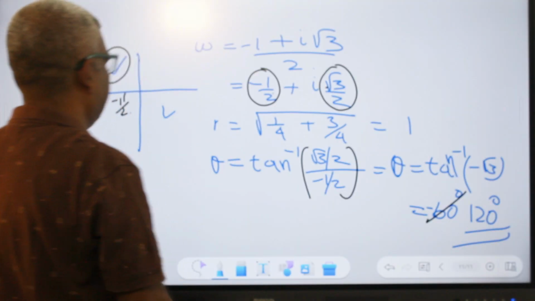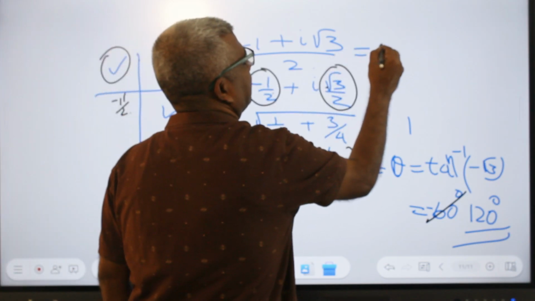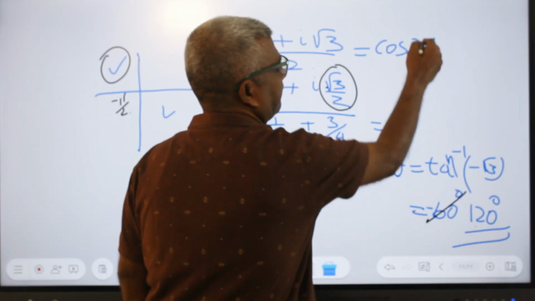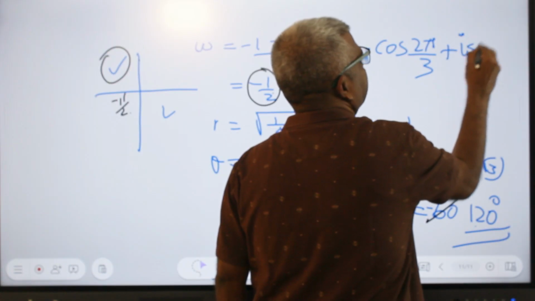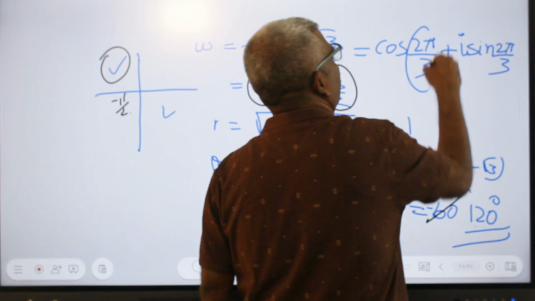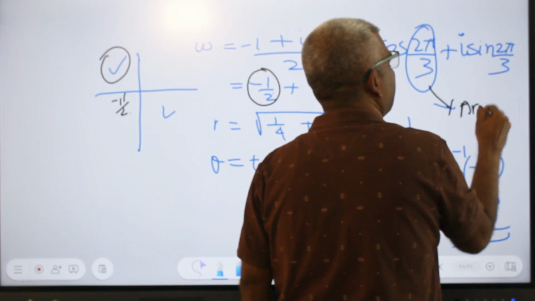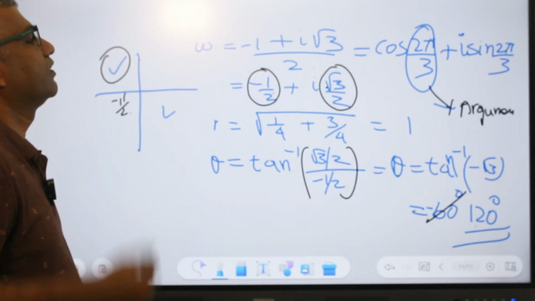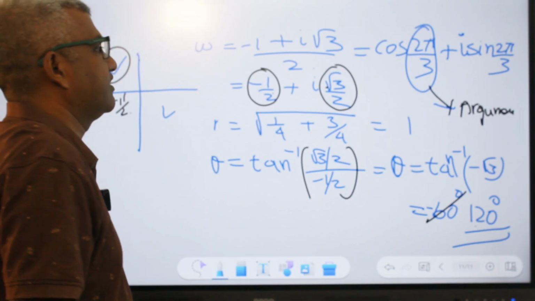So how to write it? Minus 1 plus i root 3 by 2 is nothing but cos 120 degree plus i sin 120 degree. We can write 120 degree as pi by 3 times 2, so cos 2 pi by 3 plus i sin 2 pi by 3.